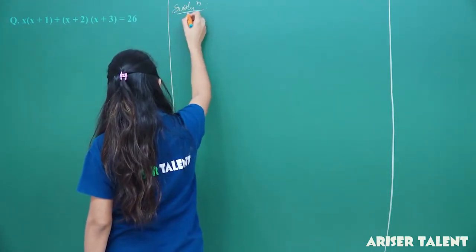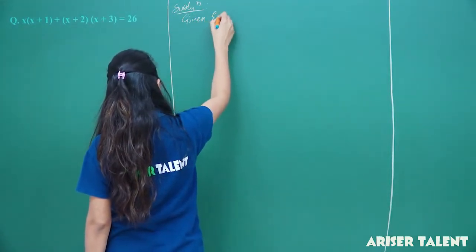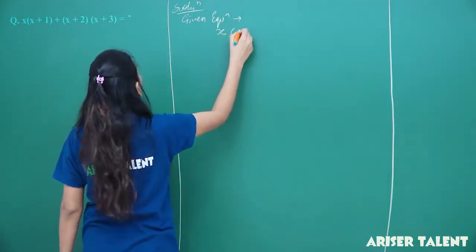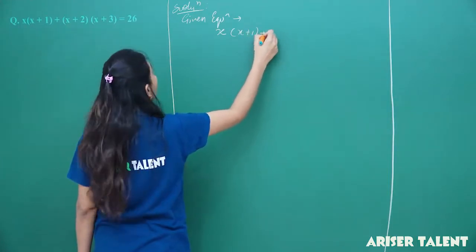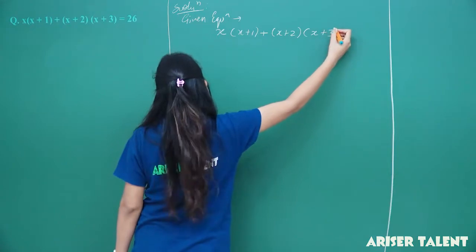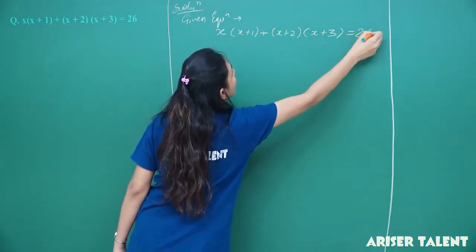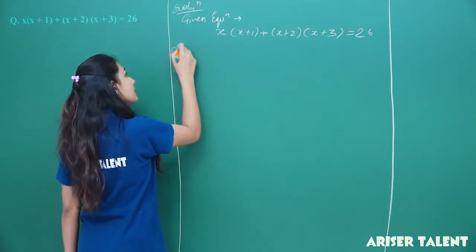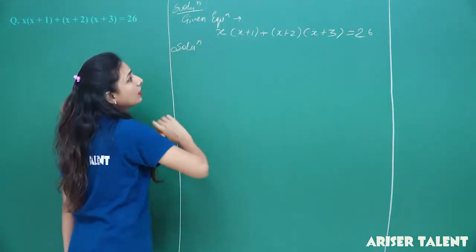We are given this equation: (x + 1)(x + 2) + (x + 2)(x + 3) = 26. Now we have to solve this.